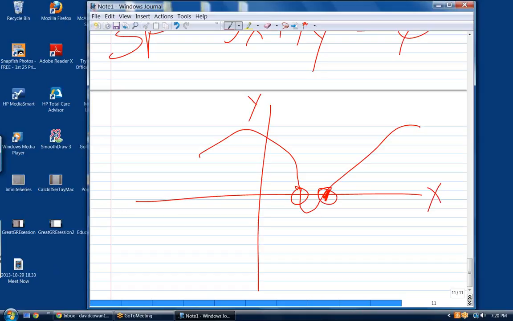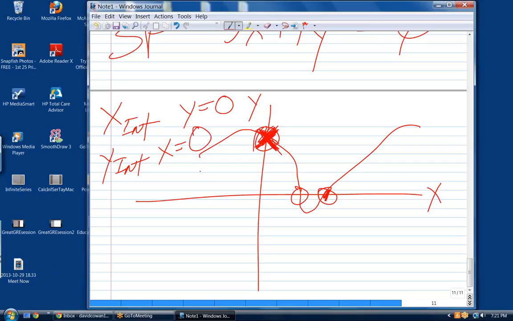Zero. Yes, that's a huge, important fact. At x-intercepts, y equals 0. At y-intercepts, what's x equal to? Zero. Exactly. So this is what's important: at your x-intercepts, y is 0. At your y-intercepts, x is 0.